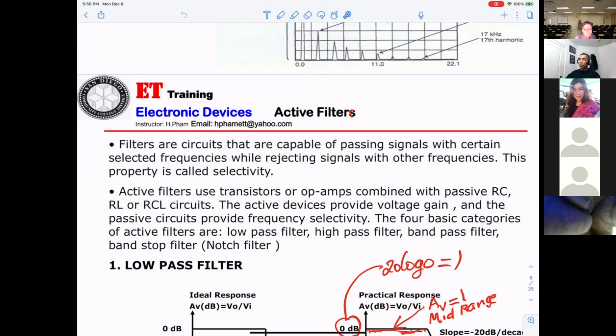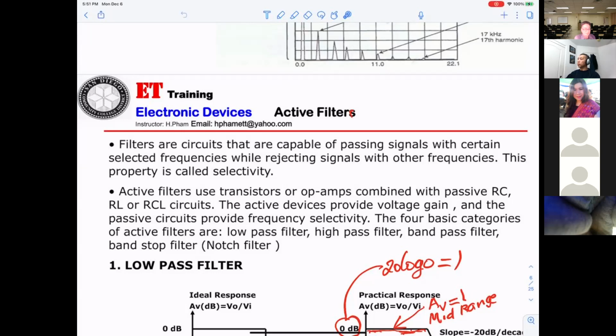The passive circuit provides frequency selectivity. That's why when you tune your radio, you change the value of RCL to select a different frequency, a different channel.